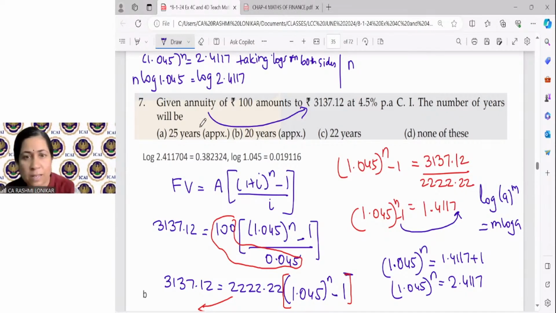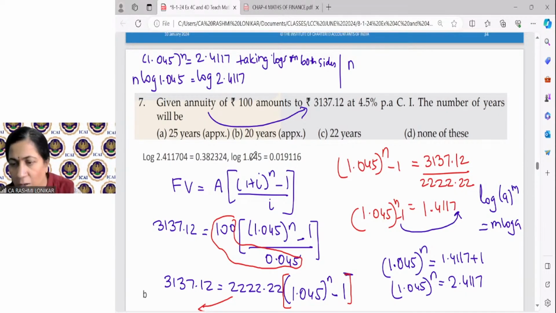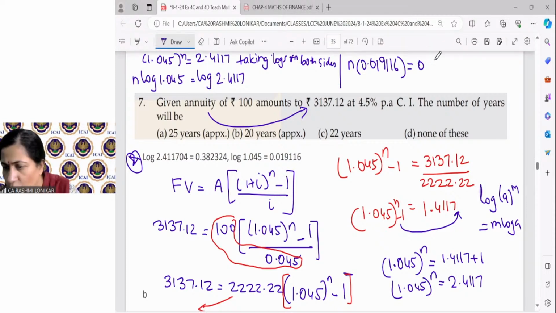Now n log of 1.045. The log table will be given to you, and you have to look it up there. Log of 1.045 is this, I have given it here: 0.019116. Which is equal to log of 2.4117. Log of 2.4117 is this much: 0.382324.